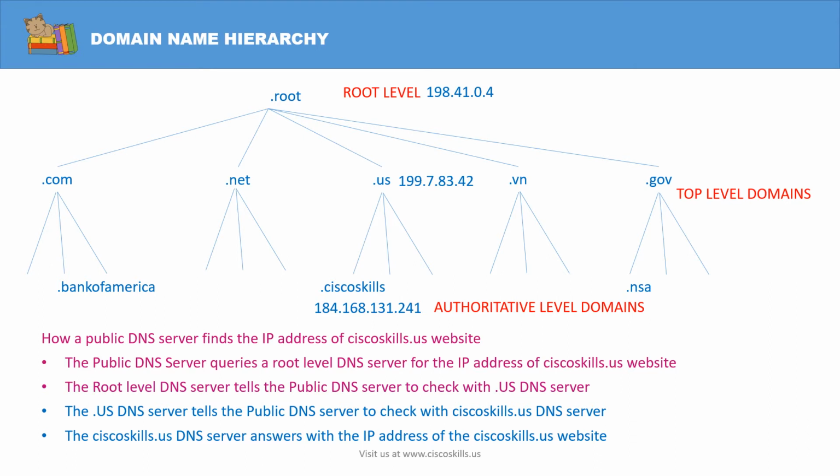The root level DNS server tells the public DNS server to check with .us DNS server. The .us DNS server tells the public DNS server to check with Cisco skills.us DNS server. The Cisco skills.us DNS server answers with the IP address of a Cisco skills.us website, which ends the process.